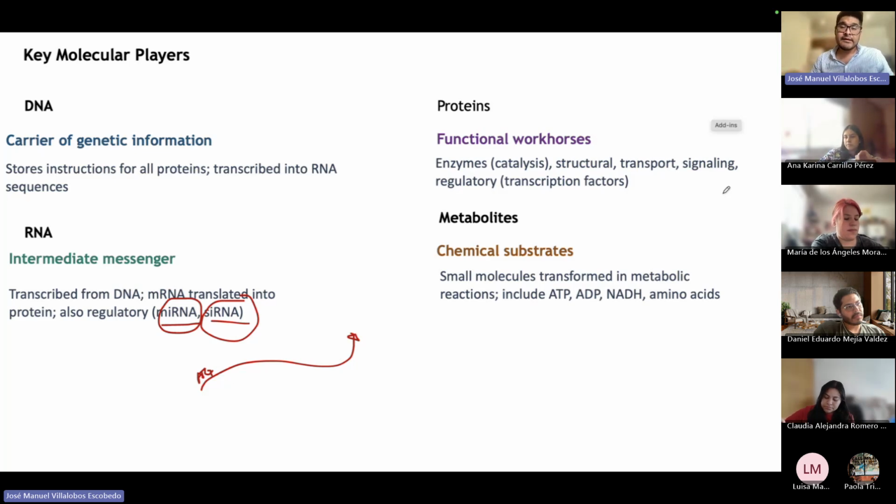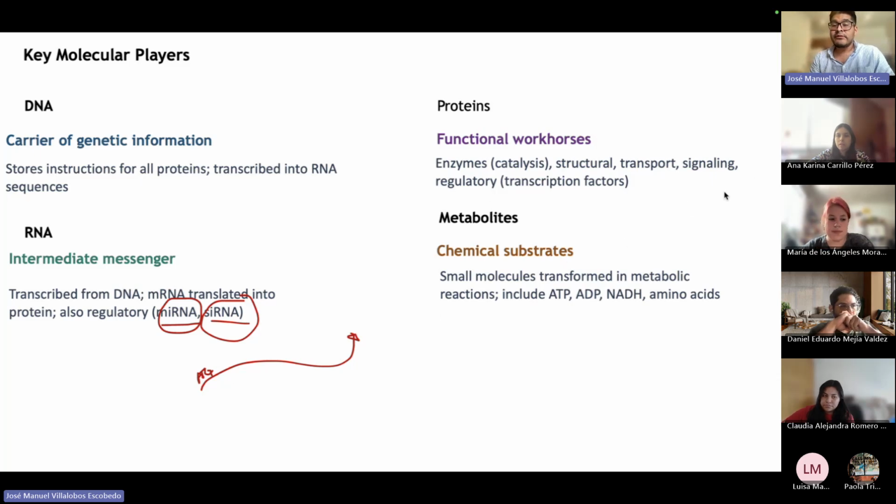We will see that, but enzymes are also very important for metabolic networks. There are some classical descriptions of enzymatic reactions in the networks, and we will see a little bit about that and how we can represent that in networks. And the last one is the metabolites.